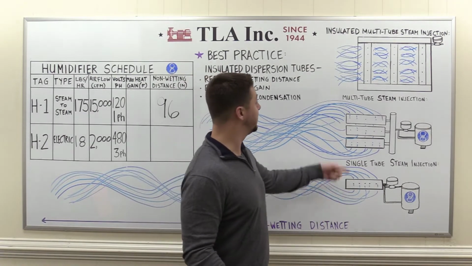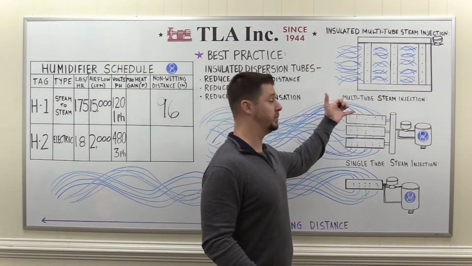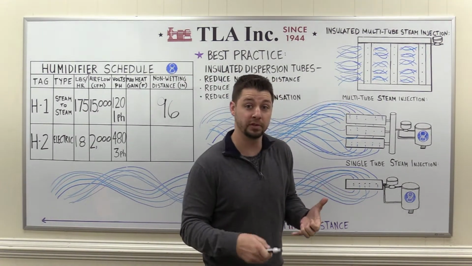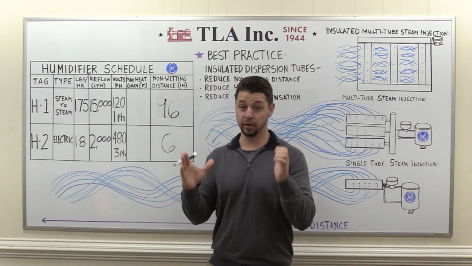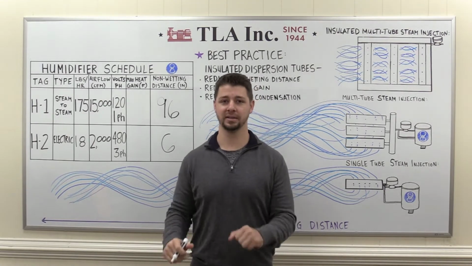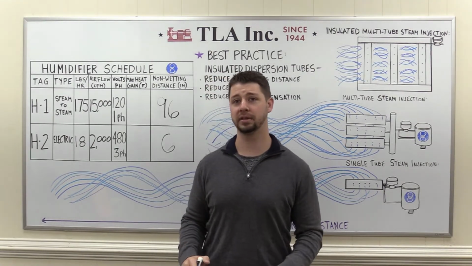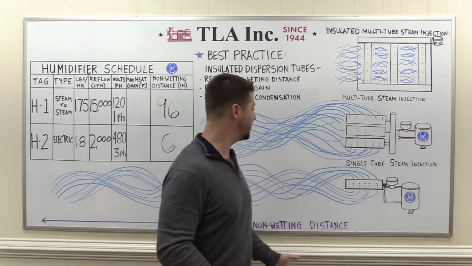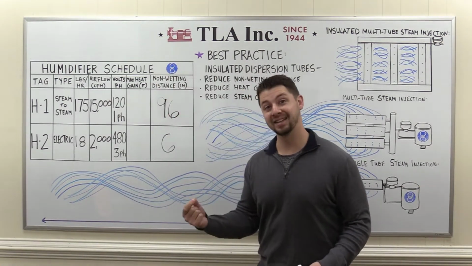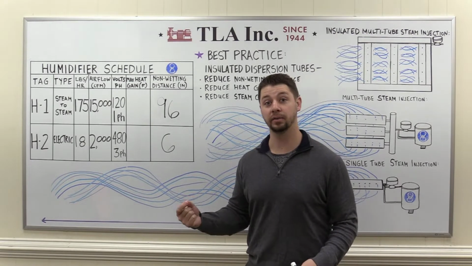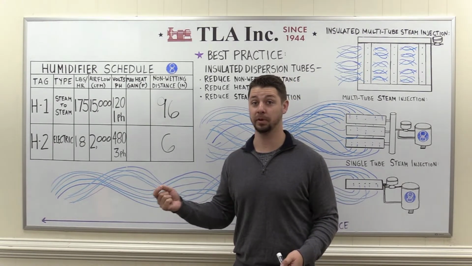But with that being said, if we do kind of a multi-tube insulated manifold for dispersion, we could get down into the 6-inch category when it comes to absorption or non-wetting distance. So it's really important to understand why we schedule this and what different technologies are involved, because there's a cost aspect and there's a performance aspect to evaluating different humidification dispersion.